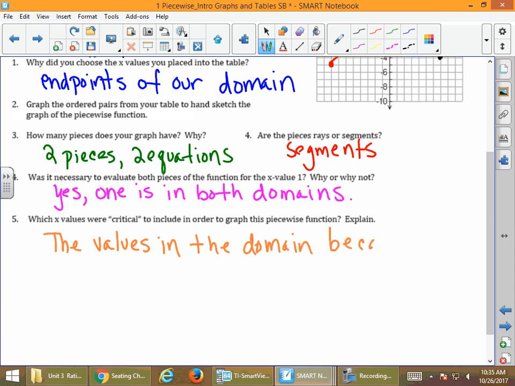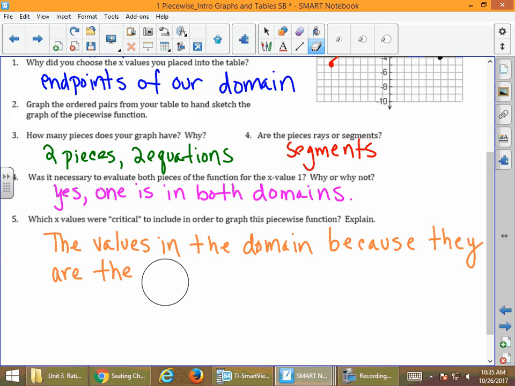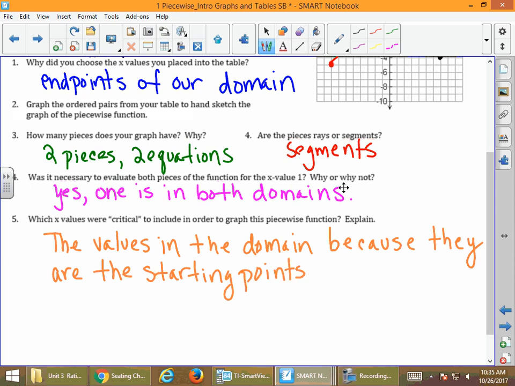Because they are the starting point. I'm going to put plural, starting points. And ending points.